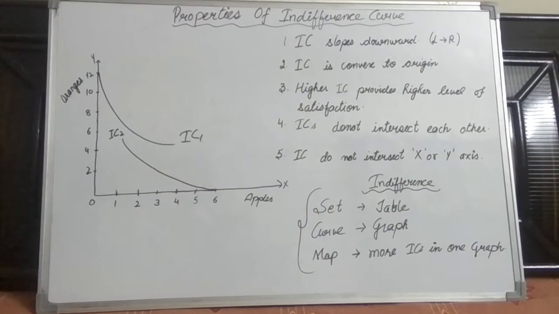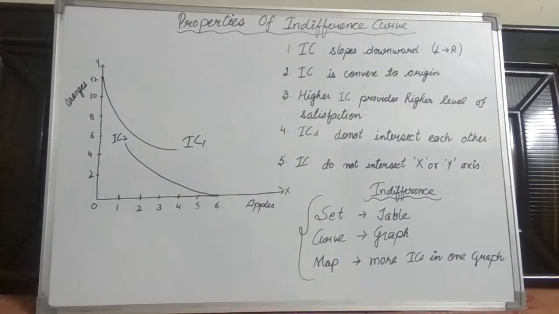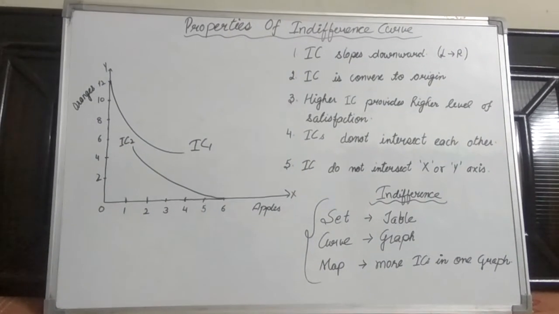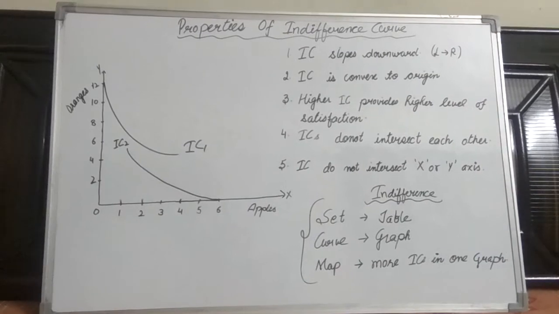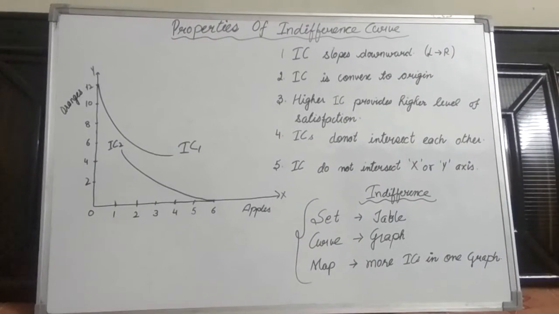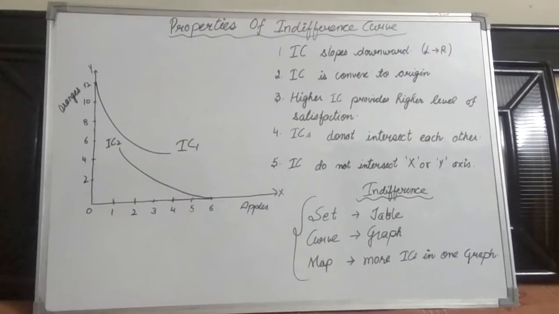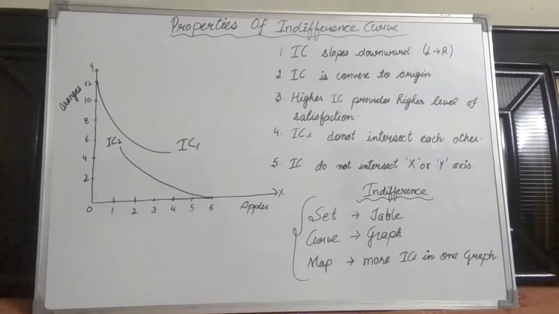IC2 shows the maximum quantity consumed is 6 units of good X only, and no quantity of good Y is consumed. So the case we are dealing with in indifference curve analysis would prove invalid if the consumer spent all his income on the consumption of one good only.